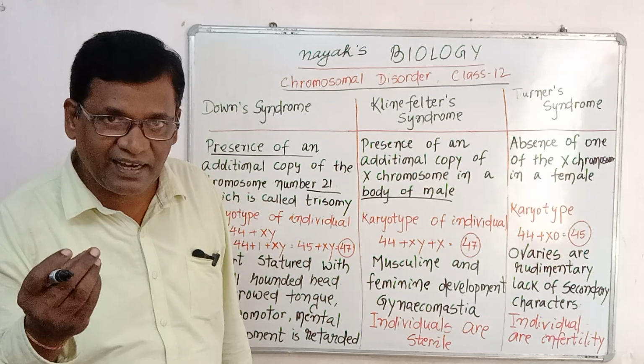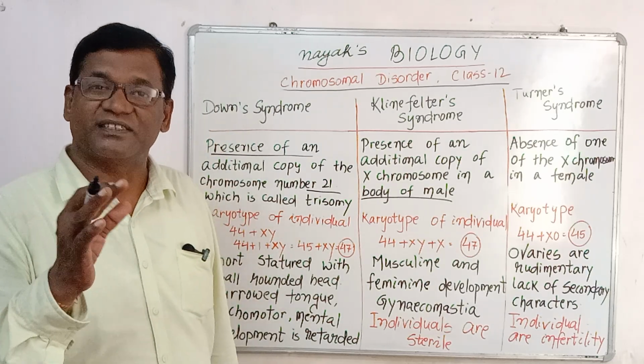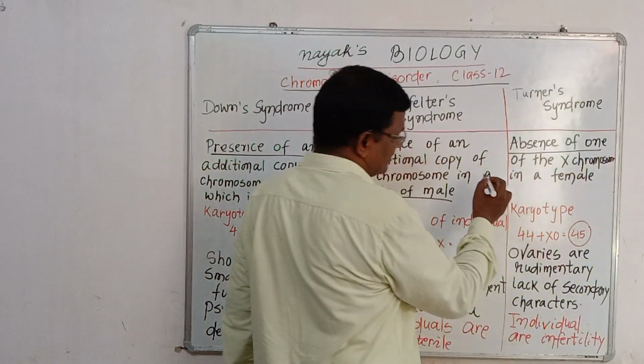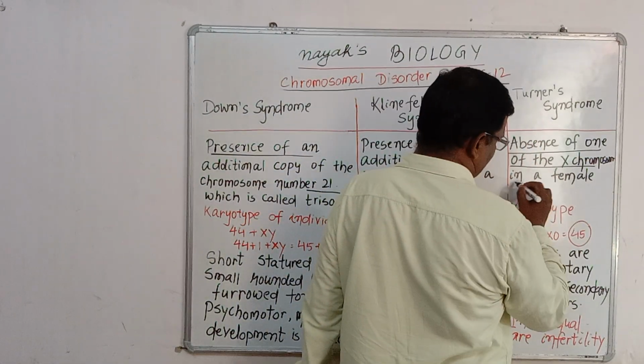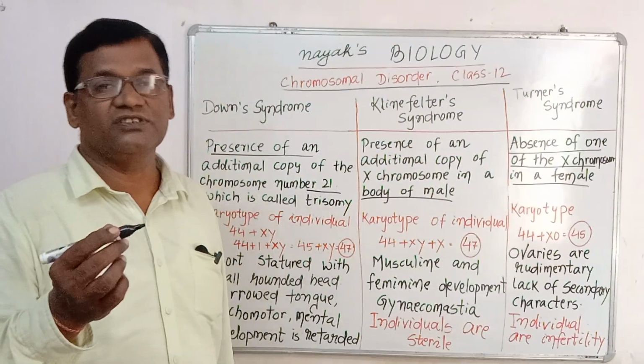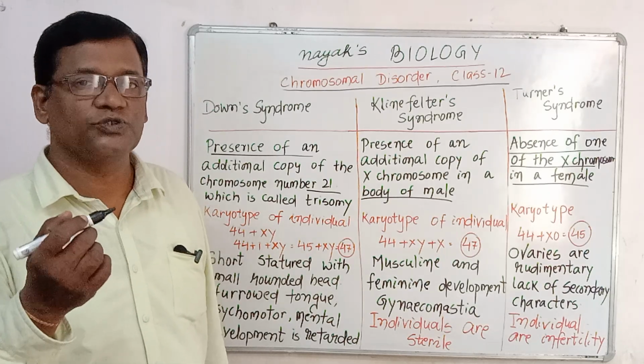XY is generally for male, and one more X chromosome is added, so it becomes XXY. Third, Turner syndrome: the absence of one of the X chromosomes in a female. A female has XX, but if one is absent, it is definitely X0.